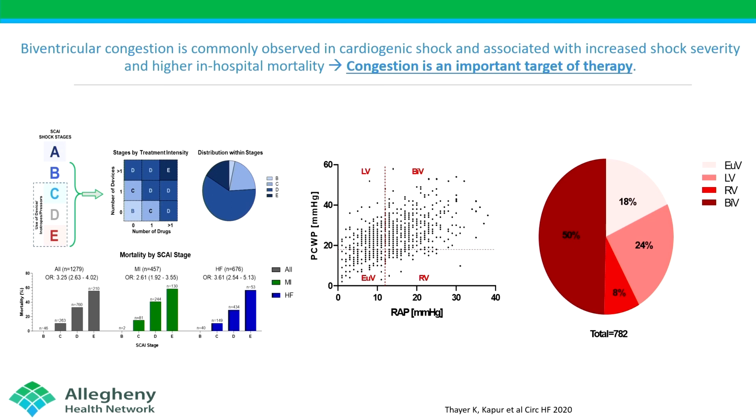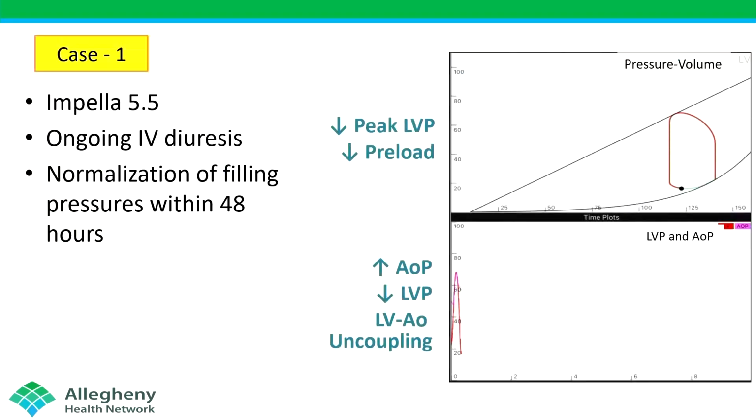And this was our first Cardiogenic Shock Working Group paper, which emphasized this point that nearly 50% of patients with LV shock actually present with a BiV congestion profile. And this is associated with higher rates of mortality in this patient population because it's often underestimated and underscored, unfortunately.